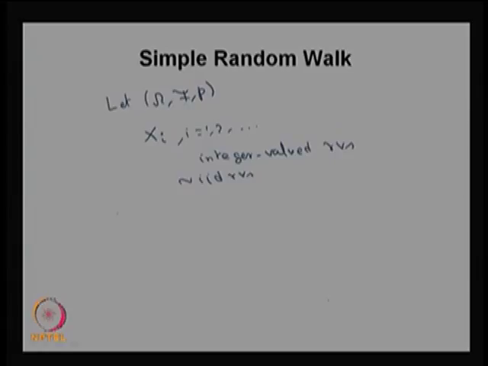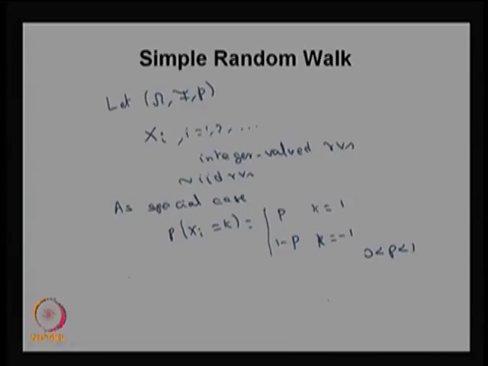As a special case, I can go for the random variable Xi taking the value 1 or minus 1 with probability p and 1 minus p. This is a special type of random walk. In general, I am going to define the general random walk also. As a special case, Xi takes the value 1 with probability p, and Xi takes the value minus 1 with probability 1 minus p, where p can take a value from 0 to 1.